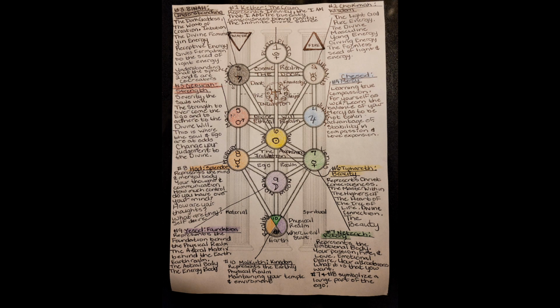Of course, since it's Mars, the planet of war, or in mythology, the god of war, this planet represents severity, the soul's will, the strength to overcome the ego and to adhere to divine will. This is where the soul and the ego are at odds. Change your judgment towards the divine.